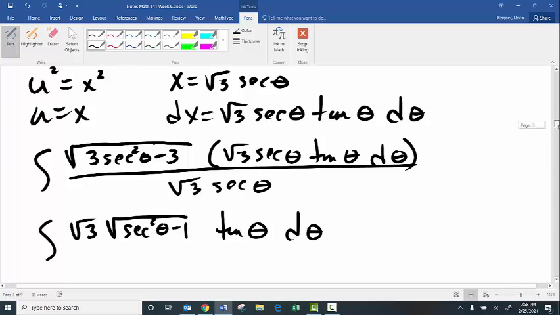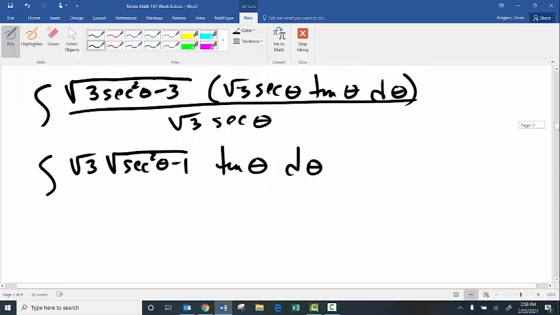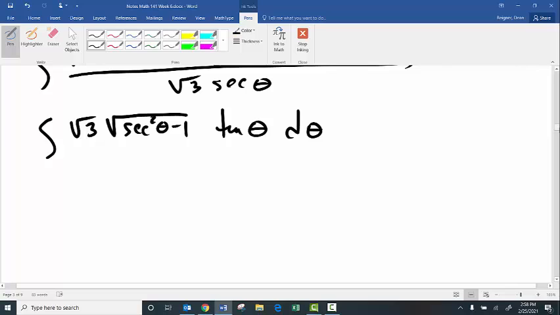So now we can simplify a little bit more. So now we have the square root of secant squared theta minus 1. So that's tangent squared, so it's the square root of tangent squared, which is tangent, and then we also have another tangent in the problem. So in this case, we have integral root 3 tangent squared theta d theta.